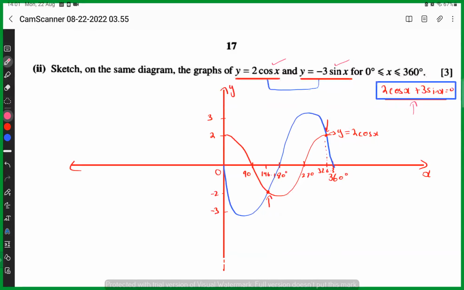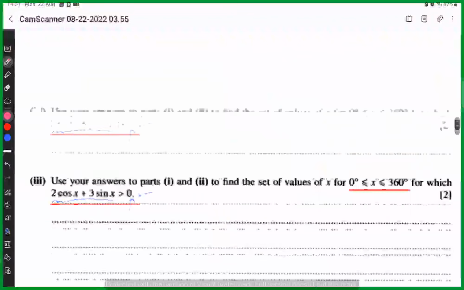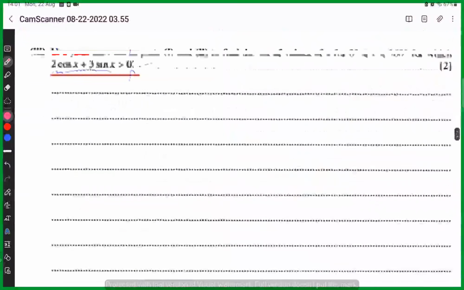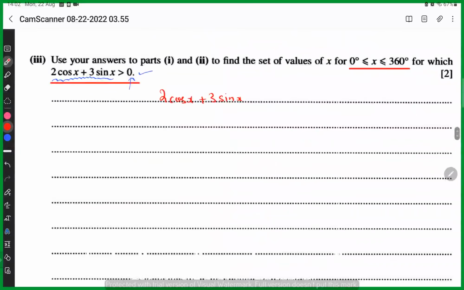This is basically 326 and that part. I got 2 cos x plus 3 sin x equals 0.